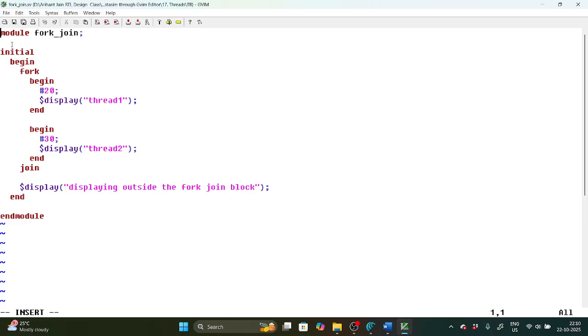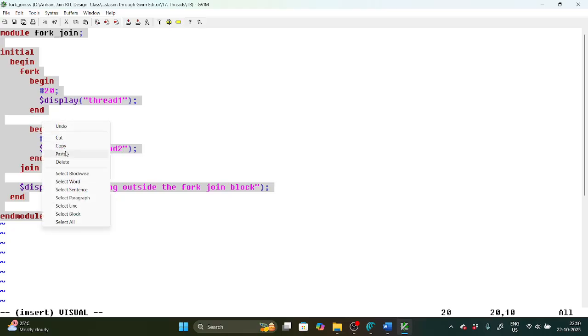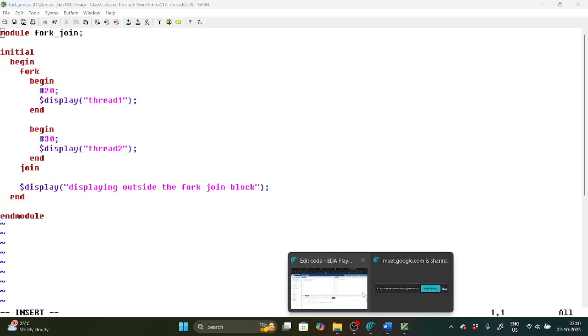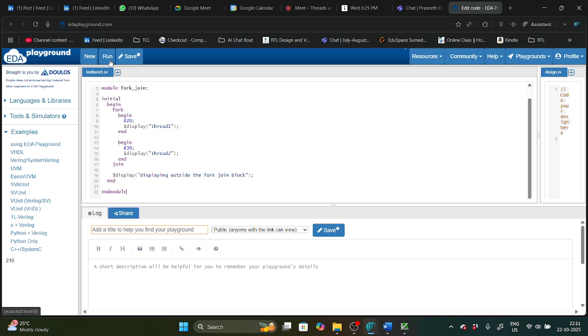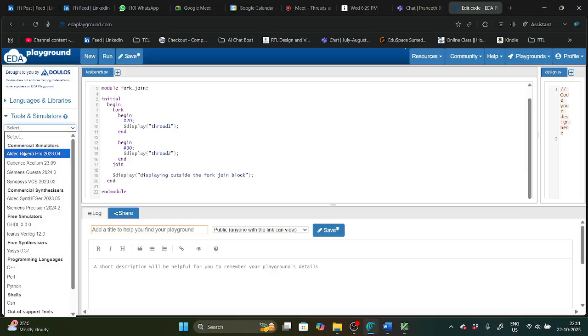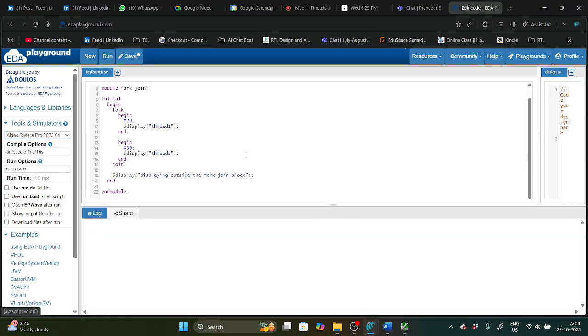The one with the least delay will be executed first. I'm copying this and pasting it in EDA Playground, selecting the simulator Aldec Riviera, and running.